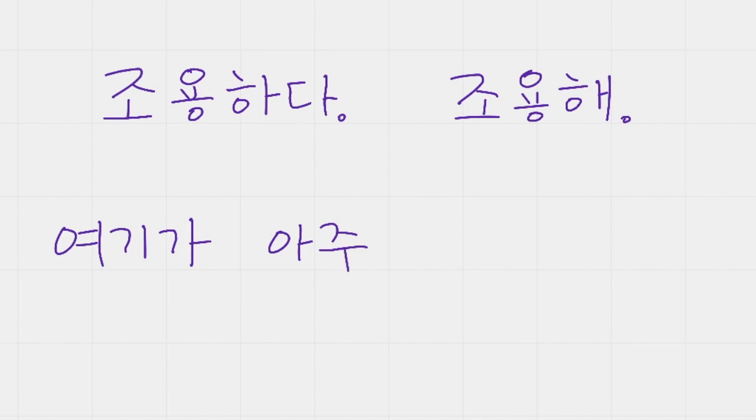Or you can pick any other very. 정말, 진짜, 너무, 매우. 아주 조용해요. 여기가 아주 조용해요. It's very quiet here. 여기가 아주 조용해. Casual. And going back to the previous example. Oh, you're loud. Be quiet. To your friend. You can say 시끄러워. 조용해.